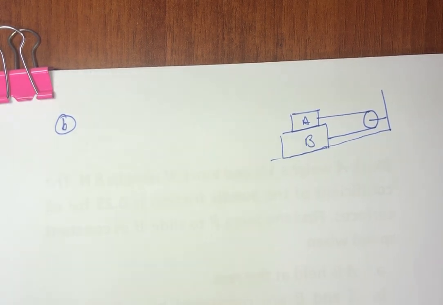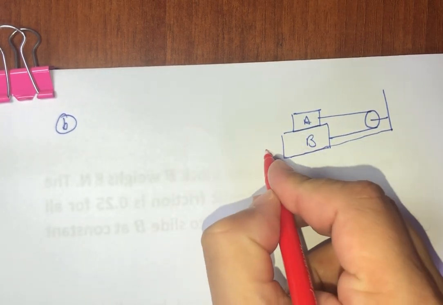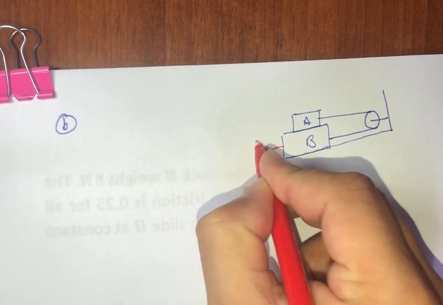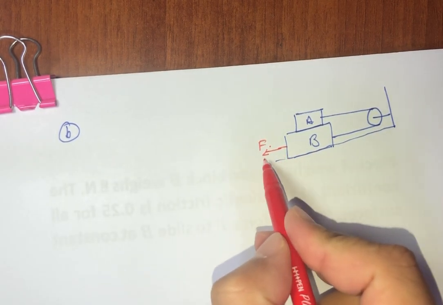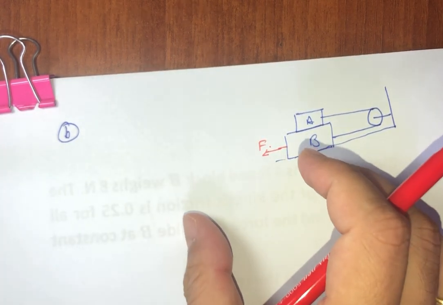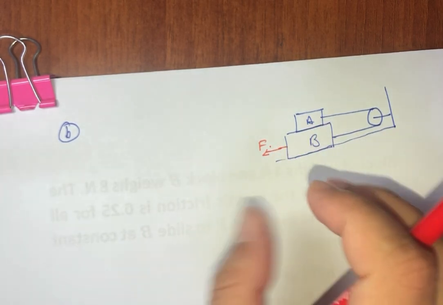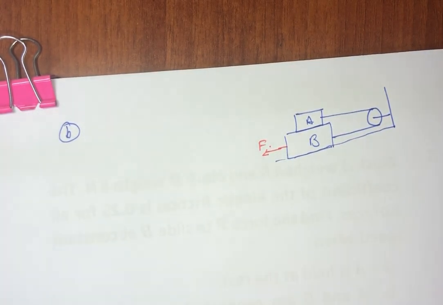In this case, the force is being applied on B. Now once again, we can draw the free body diagram for both A and B and try to find out various forces which will be acting on it.